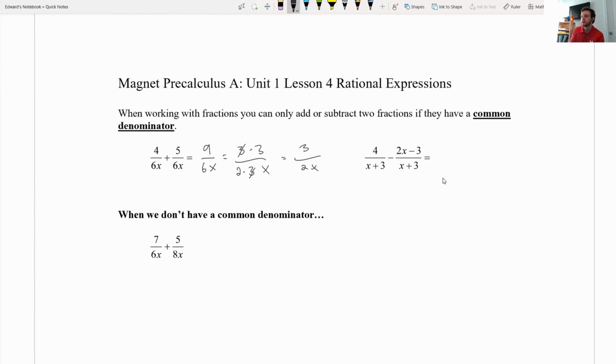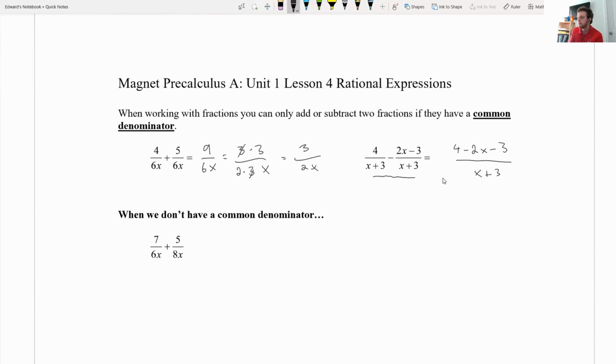Do you see an issue with this thing? No, because we have the same common denominator and subtraction is just addition secretly. All right, so let's do it. We got 4 minus 2x minus 3, all divided by x plus 3. Wait. What? Hang on. Don't we need to distribute our negative?